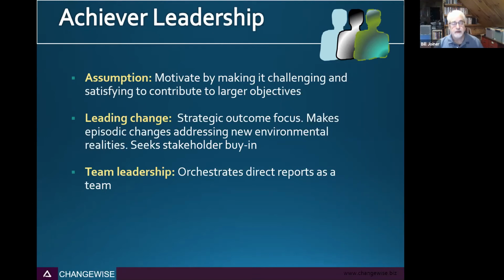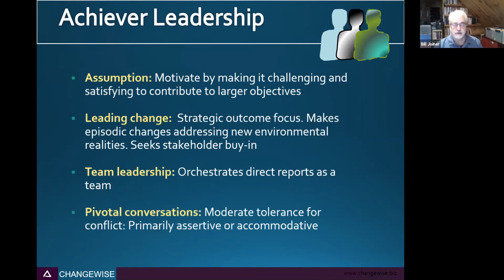Now, team leadership: I'm trying to create a genuine team, and I will hold meetings with my direct reports where we discuss things as a team. It could be strategic, could be operational issues, but now I'm getting my team engaged. And finally, at the achiever level is the pivotal conversations.